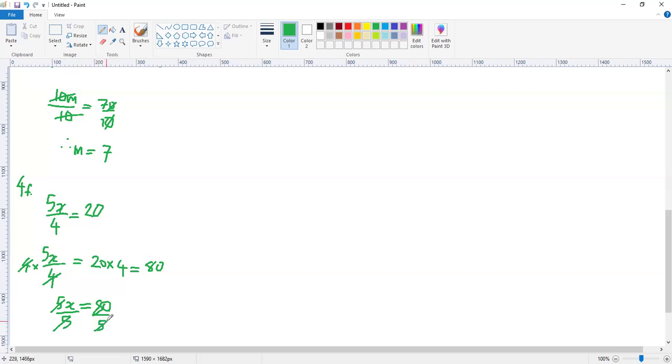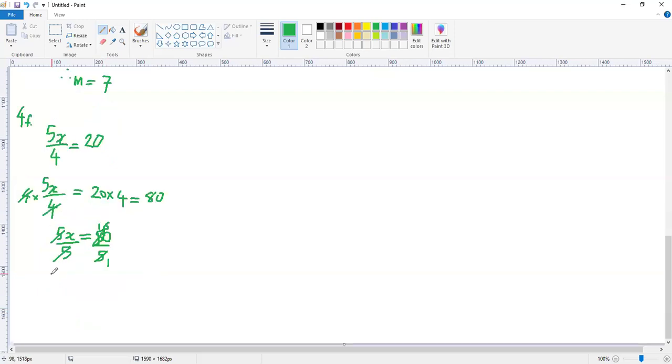So 5 in 80 is, let's see, 5 in 8 goes one time, remainder 3, and 5 in 30 is 6. So that's 16. So that means x is equal to 16. Okay, so there you go. x is equal to 16.